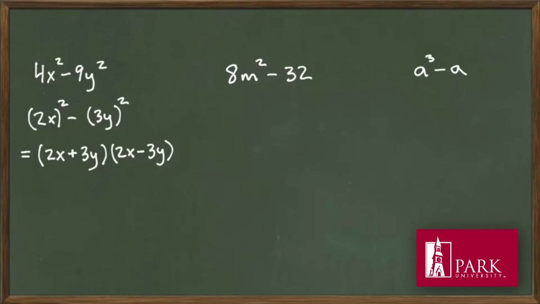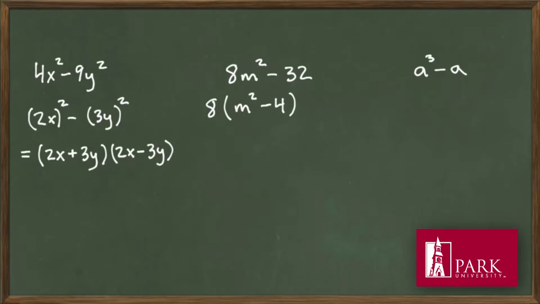Now let's take a look at the middle example. This doesn't look like the examples that we've had before, and one of the reasons is 8 and 32 are not perfect squares. But what you should notice is that they do have a common factor of 8. So let's go ahead and factor out that common factor of 8. And on the inside that will leave us with m squared minus 4.